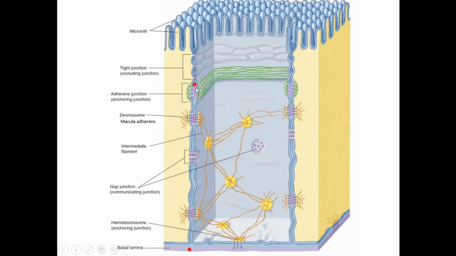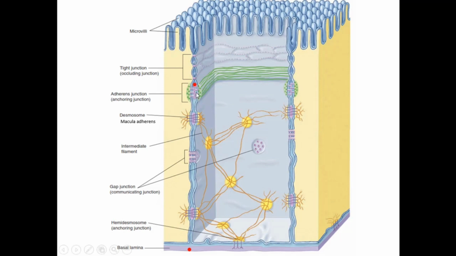And you see here the tight junctions prevent the passing of these molecules from the epithelial cells. In this way, these junctions make a seal between two epithelial cells.